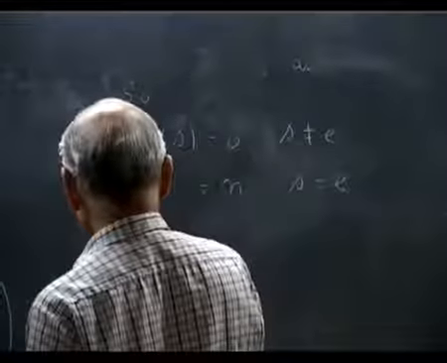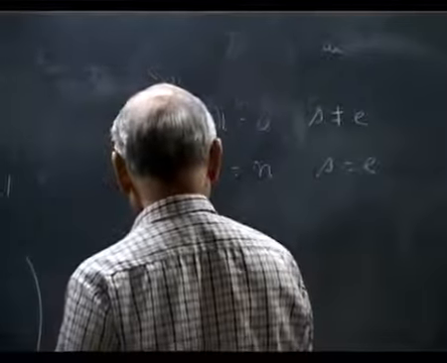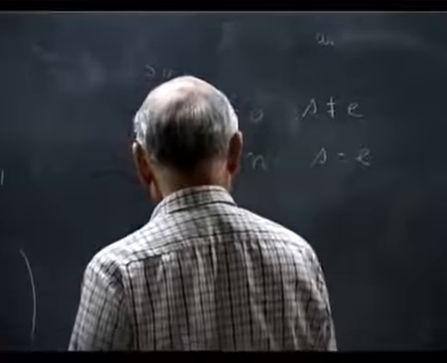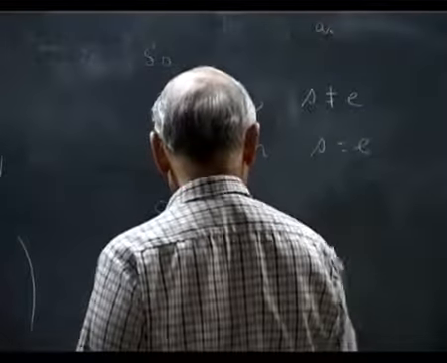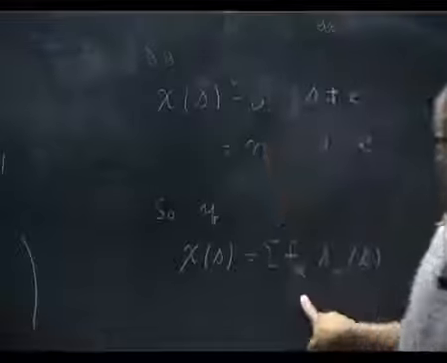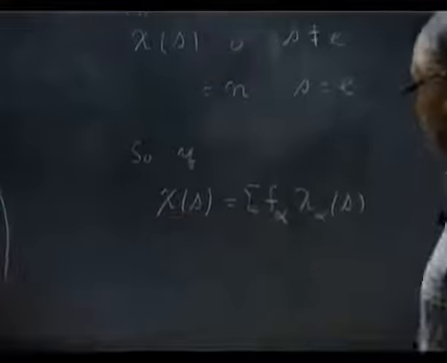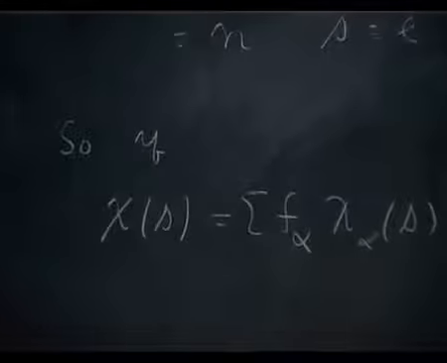So if chi of S is the summation of f alpha chi alpha of S, where f alpha is the multiplicity of the irreducible representation alpha in this, then I can compute it.